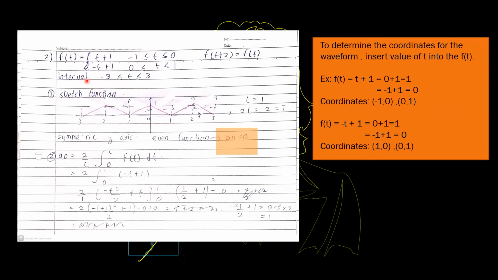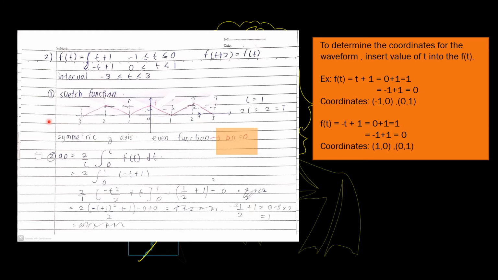And for the function -t + 1, we got the coordinates of (1, 0) and (0, 1). So here is the waveform. But the question stated that the interval is from negative 3 to 3, so we need to expand the waveform from negative 3 to 3.